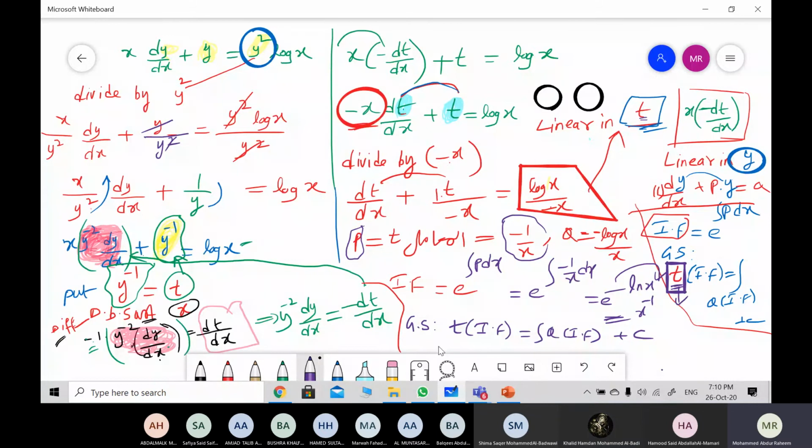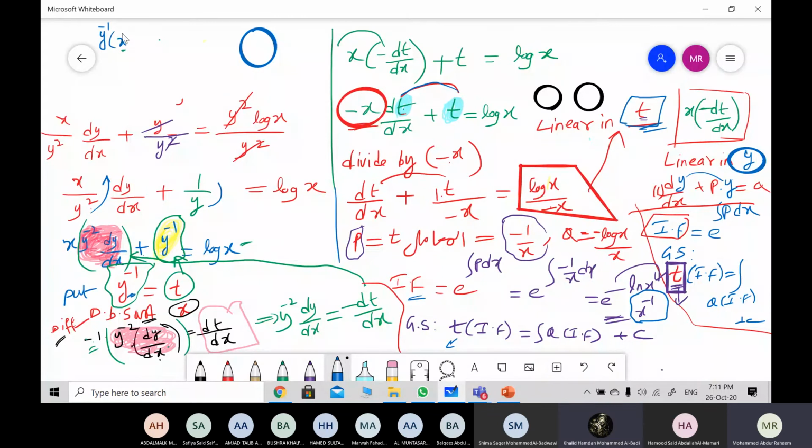I will write now. So y power minus 1, I am writing this y power minus 1, into IF. The IF we found as x power minus 1.